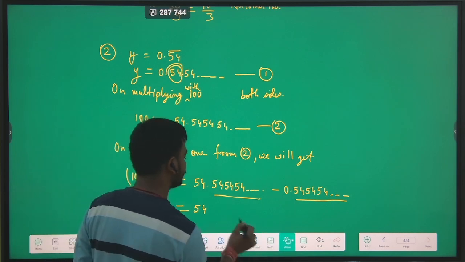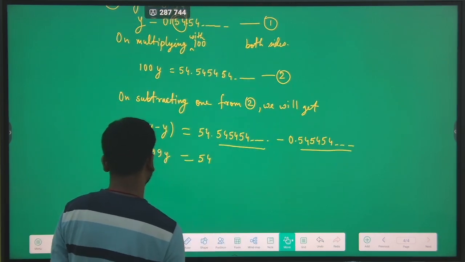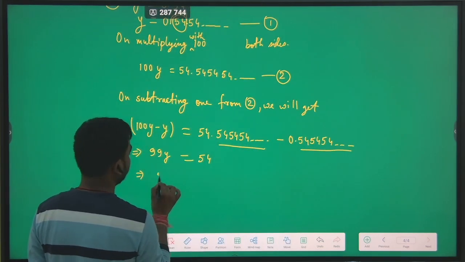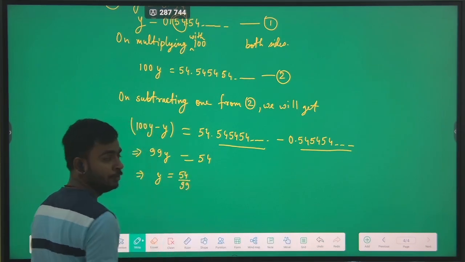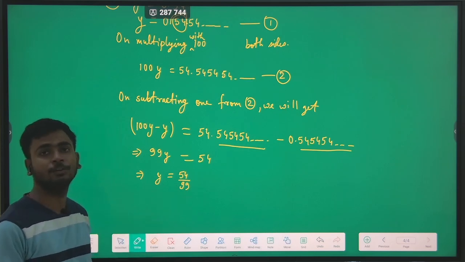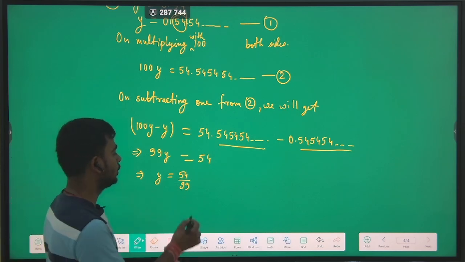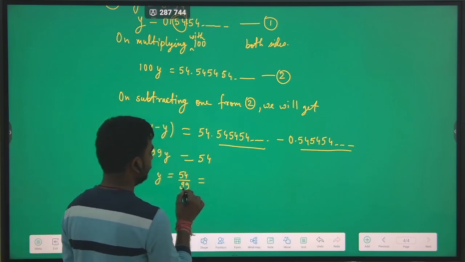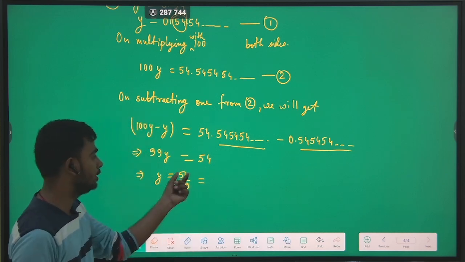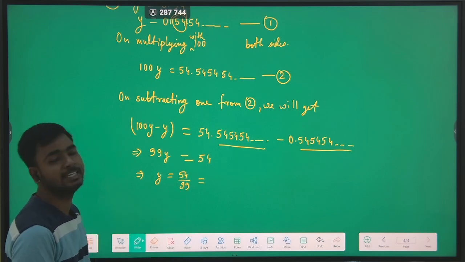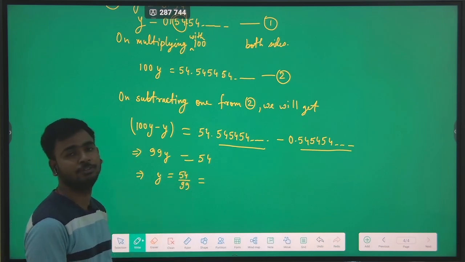So we will get y as 54 upon 99. We know that the sum of 5 plus 4 is 9, so it is divisible by 3, and 9 plus 9 is 18, so it is also divisible by 3.